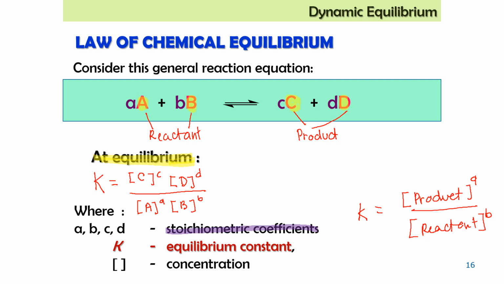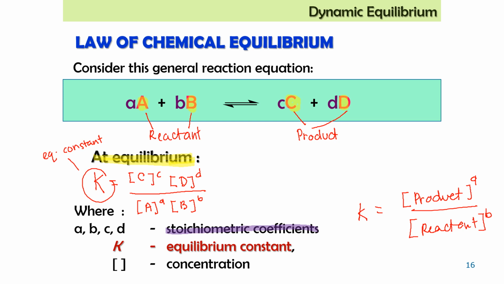Okay, it depends on the value in front, in your balanced chemical equation. Okay, so take note that K here is your equilibrium constant. Okay, so we will deal with this K a lot.